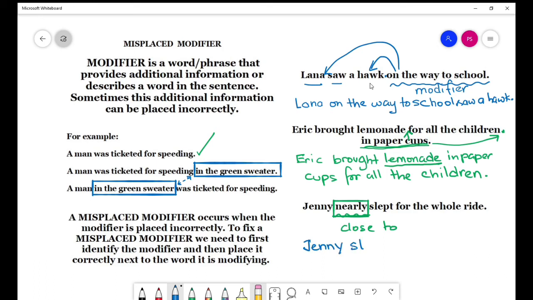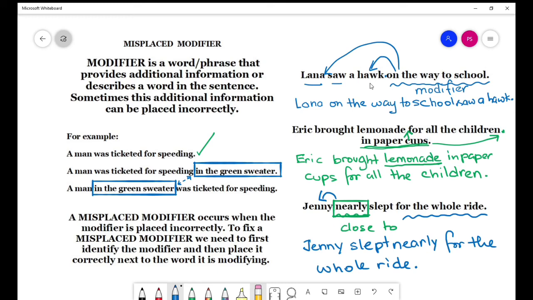Jenny slept nearly for the whole ride. Because the question is, well, nearly, what is it describing? Is it describing Jenny's position? Of course not. Nearly is describing the fact that she slept almost through the whole ride, but not for the entire ride. Jenny slept, how did she sleep?